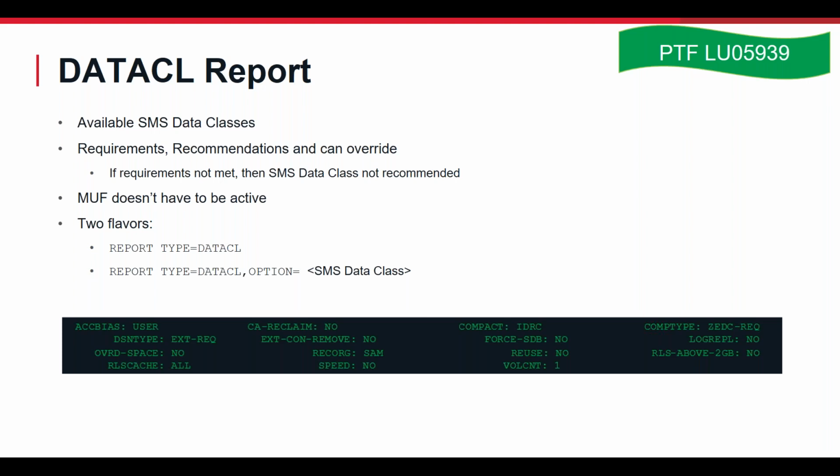But that won't be displayed in this report. So there are two flavors of it. You can search for a particular SMS data class, or you can simply do the default option, which will show you the list of all the data classes on your particular machine. That's pretty much it.